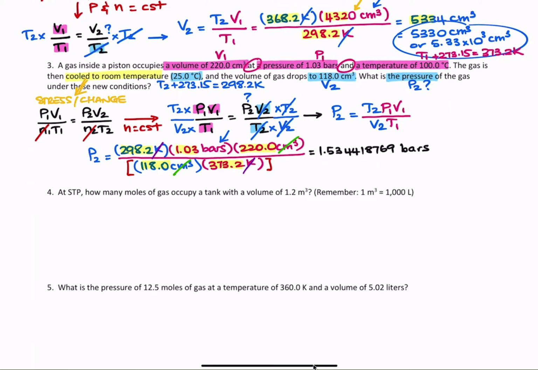So my answer needs to be given to the least amount of sig fig, 3 sig figs. Dropping a 4, my answer to 3 sig figs is 1.53 bars.